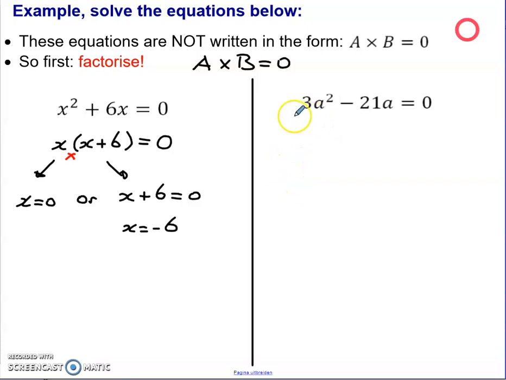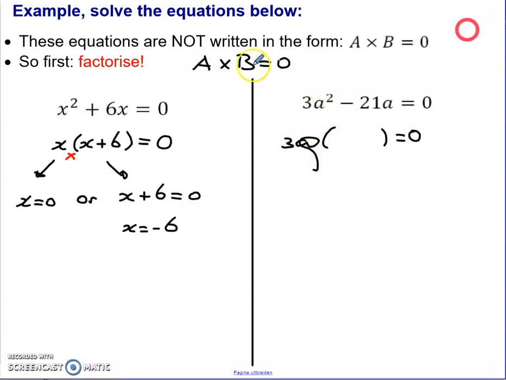Last example. And this example is also not in the form a times b is 0. So I need to factorize first. So I write down brackets, equal sign 0. And I'm going to look for what can both terms be divided by. 3 can be divided by 3, and minus 21 too. So I'm going to write down 3, but I can also divide by a.